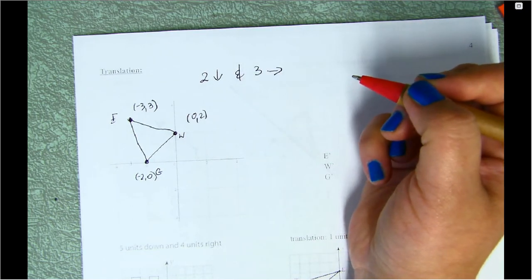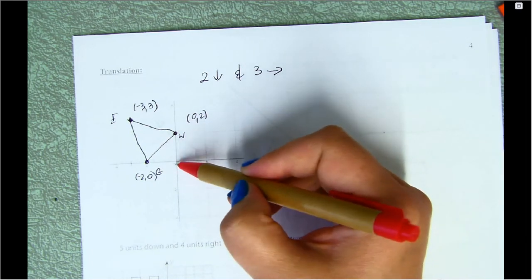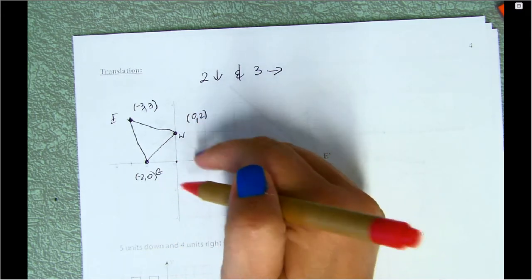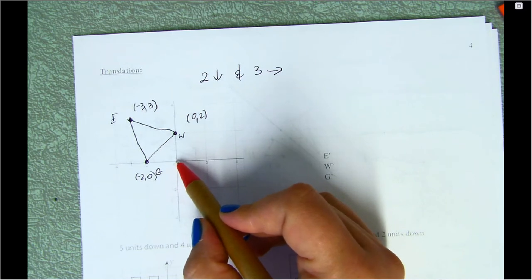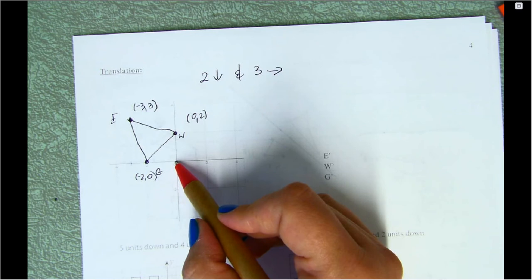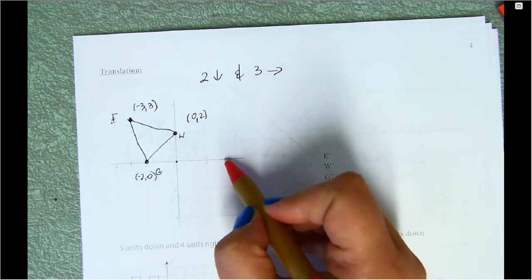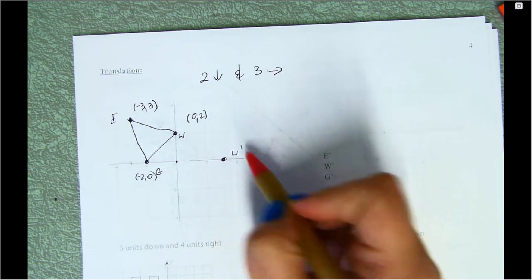What I'm going to do is take each point and move 2 units down. 1, 2. That's going to be the first step. I'm not done with this. It's just like a stop on the way to my destination. And then I need to use 3 steps to the right. 1, 2, 3. That will be my W prime.